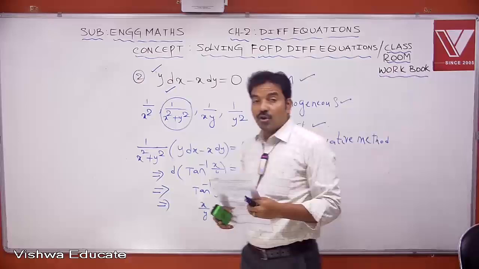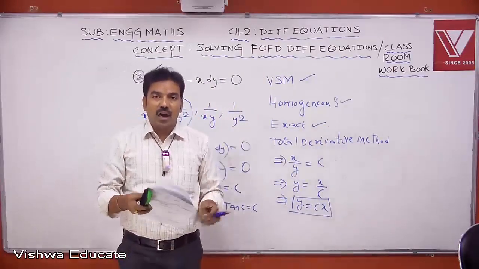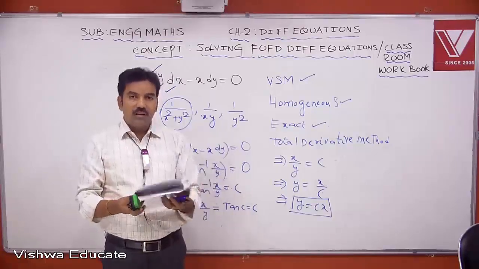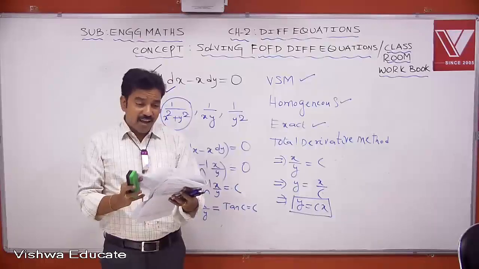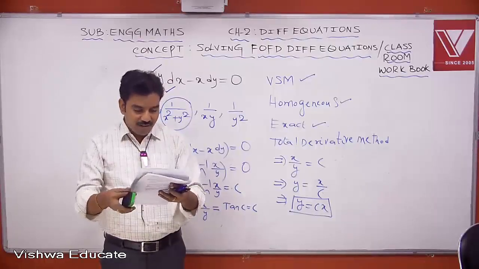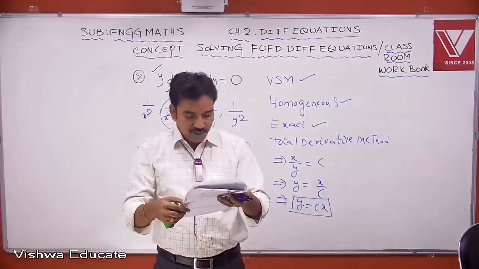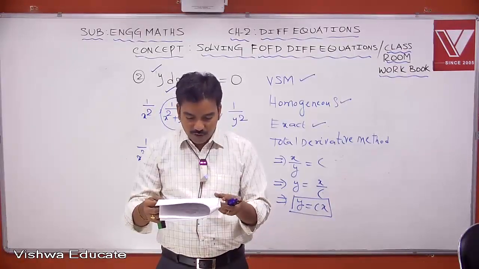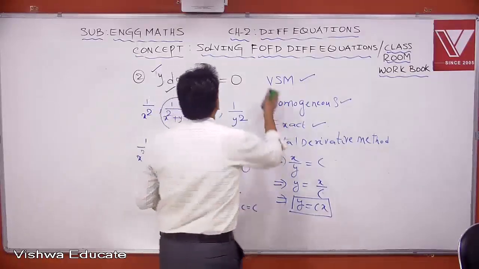Now with this we have finished all 9 different methods to solve first order first degree equations. Now let us go to the classroom workbook to solve questions on maybe method 8 or method 9 if possible. So let us start with question number 31.